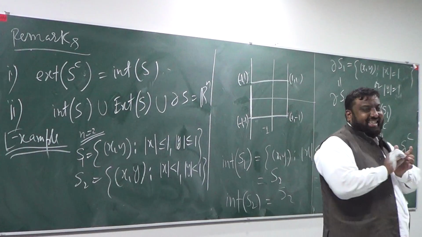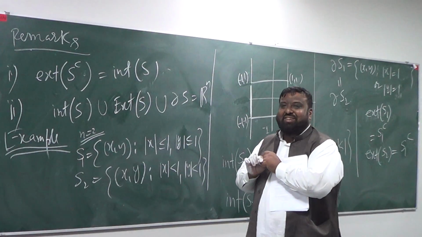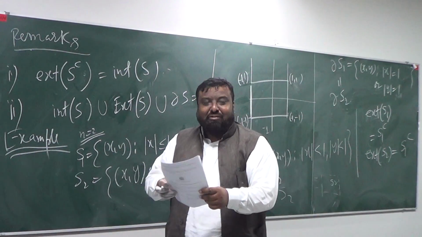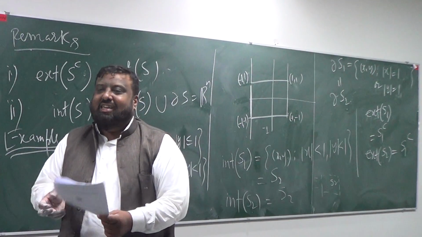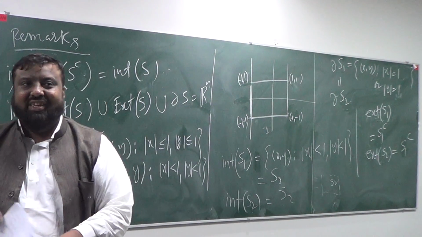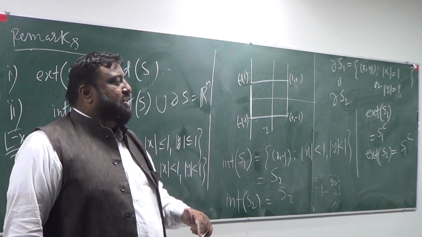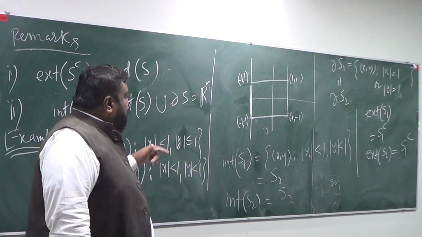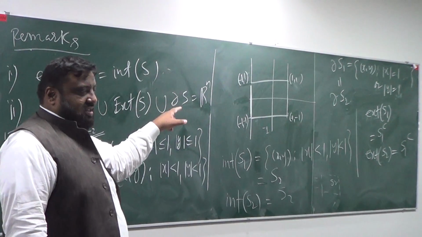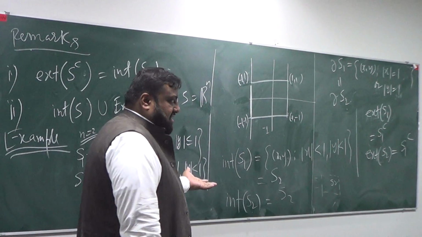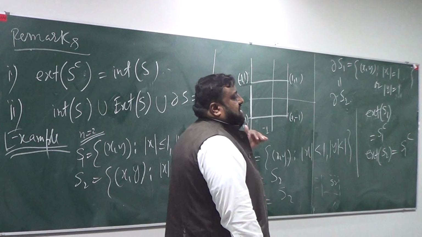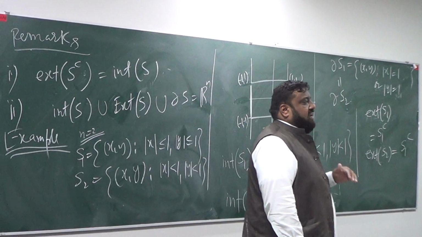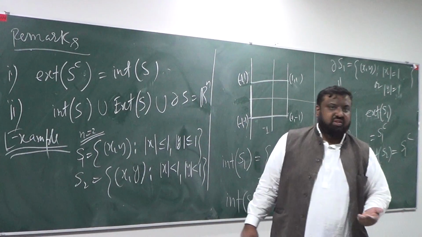Closed and open, that's the key difference. In S1 the boundary is included as a subset, and in S2 the boundary is not included.